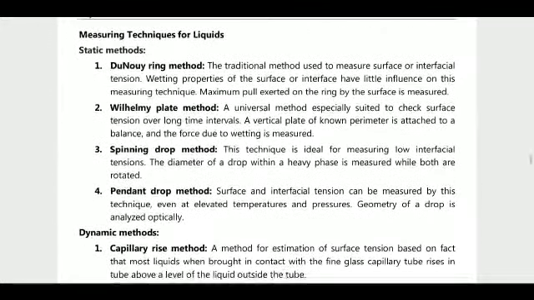For determination of surface tension of liquids, we use different types of methods: static methods and dynamic methods. In static methods, first is the du Noüy ring method. It is the oldest method used to determine both surface and interfacial tension.